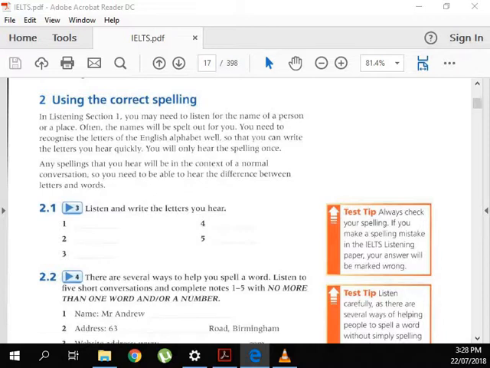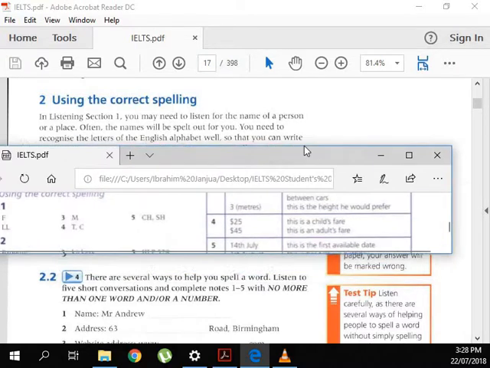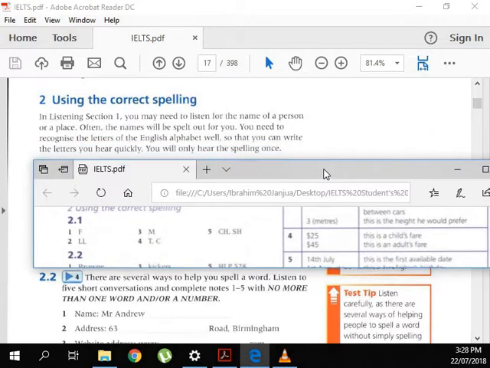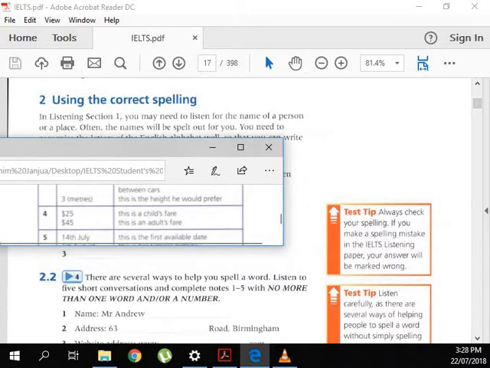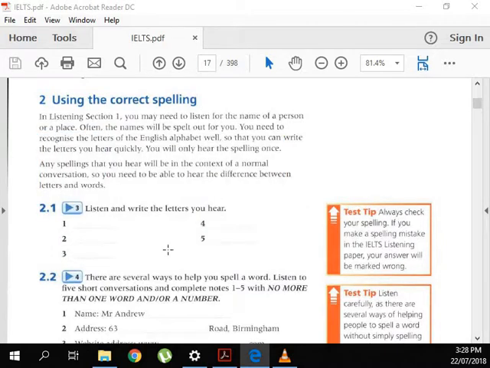Okay, so 4 was T or C. Then 5th, CH or SH. Okay, so these were the letters that you should have right now written down over here. So the first was F, the second was double L, the third was M, the fourth was T or C, and fifth one was CH and SH. Okay, so this was just a simple task.